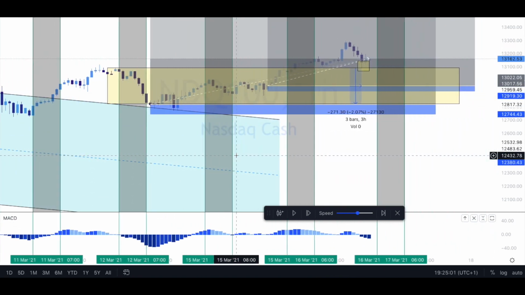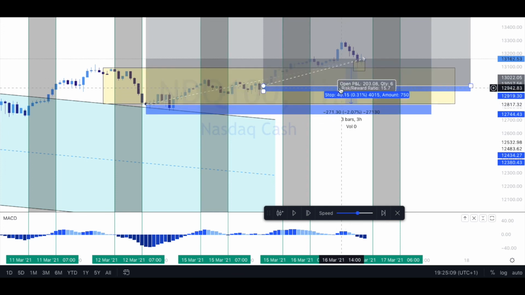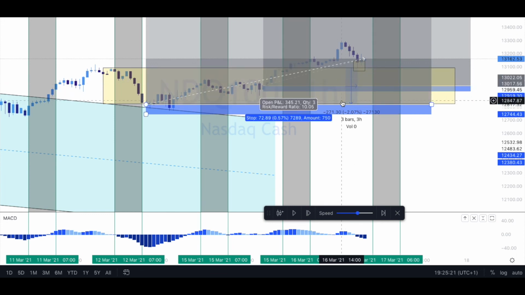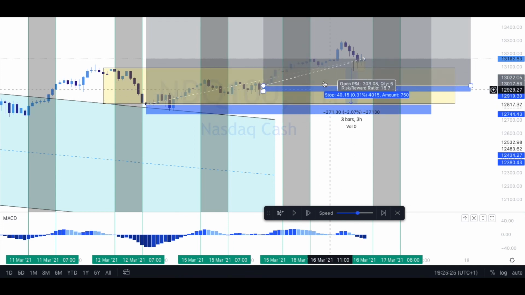And then on this particular trade, we got about 400 on this one over here. So we've done about 400 on this one. So we didn't do bad. We didn't do bad at all.